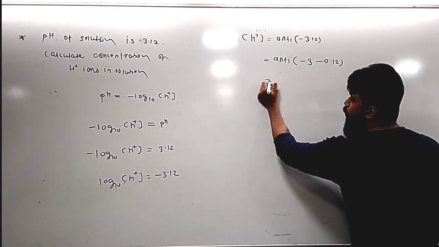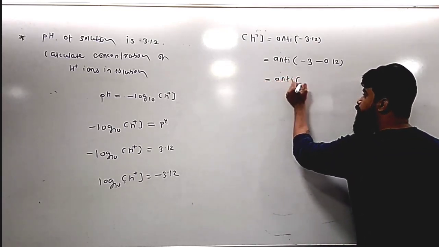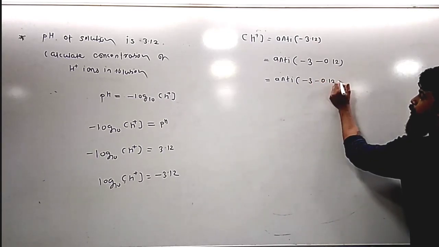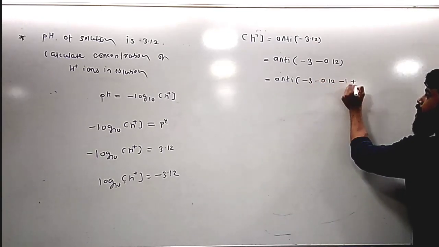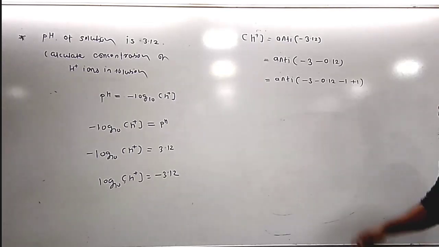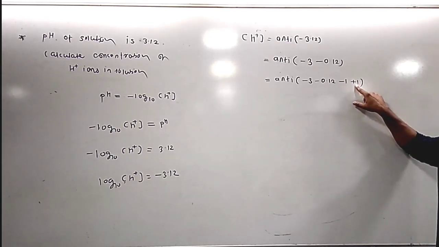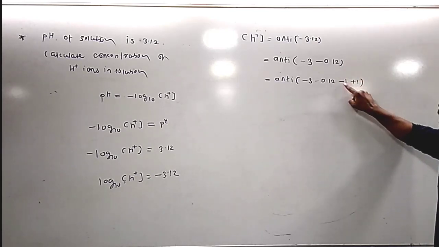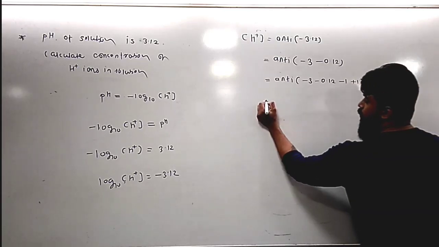The second adjustment: you have to do one thing, minus 1 plus 1. Minus 1 plus 1 will automatically cancel each other, but we want to convert the negative sign into bar sign. That's why we did one adjustment, minus 1 plus 1.